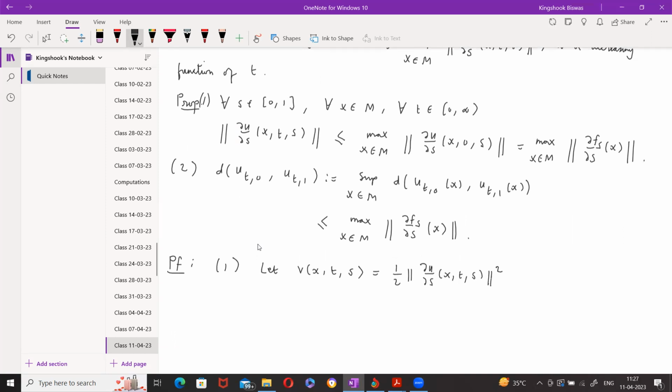So how will we prove this part one? What do you think we will use? What is the tool we have to prove this? What tool have we been using so far to get bounds on geometric quantities under the evolution given by the heat flow?